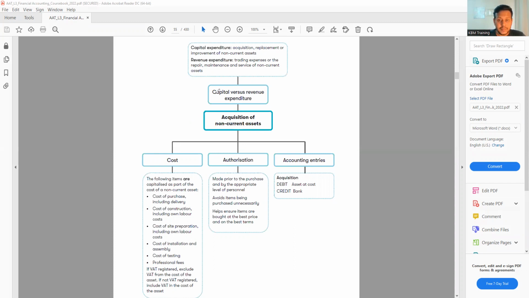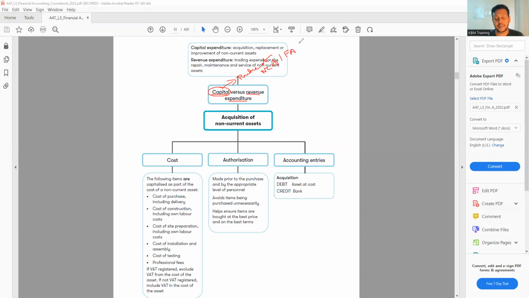So we have capital versus revenue expenditure. Capital expenditure is all about when you buy some non-current asset. So purchase of NCA, purchase of non-current asset, or we can call it fixed asset as well, same thing.